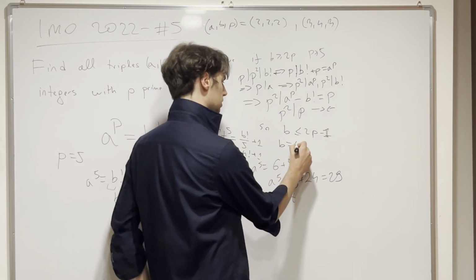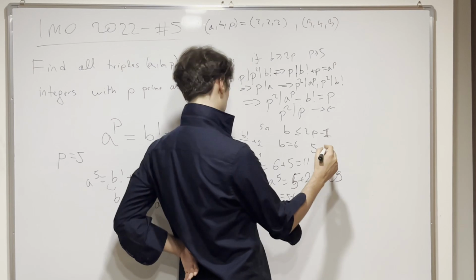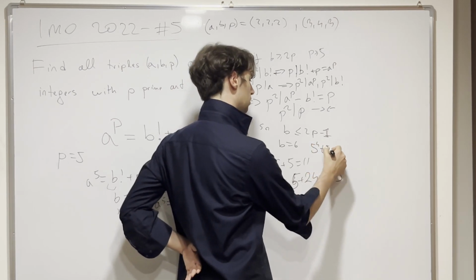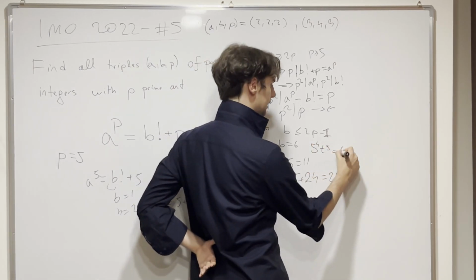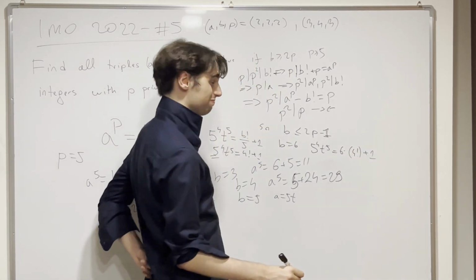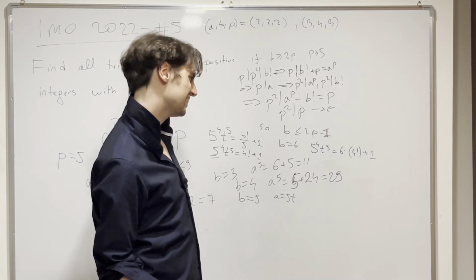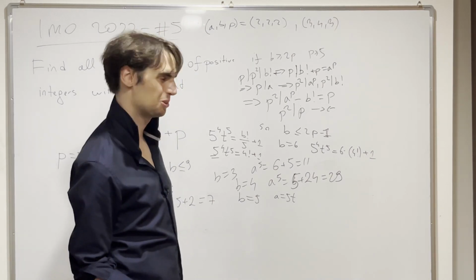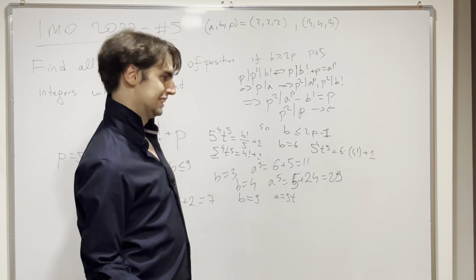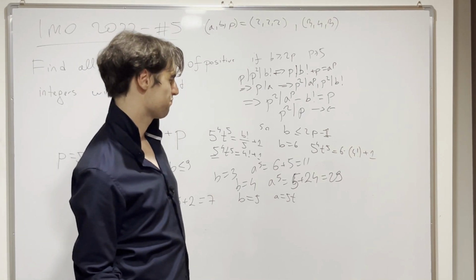So b is equal to 6. What does that give me? Now I have 5 to the power of 4th, t to the power of 5th is 6 times 4 factorial plus 1. The size idea is not really working out for us here.